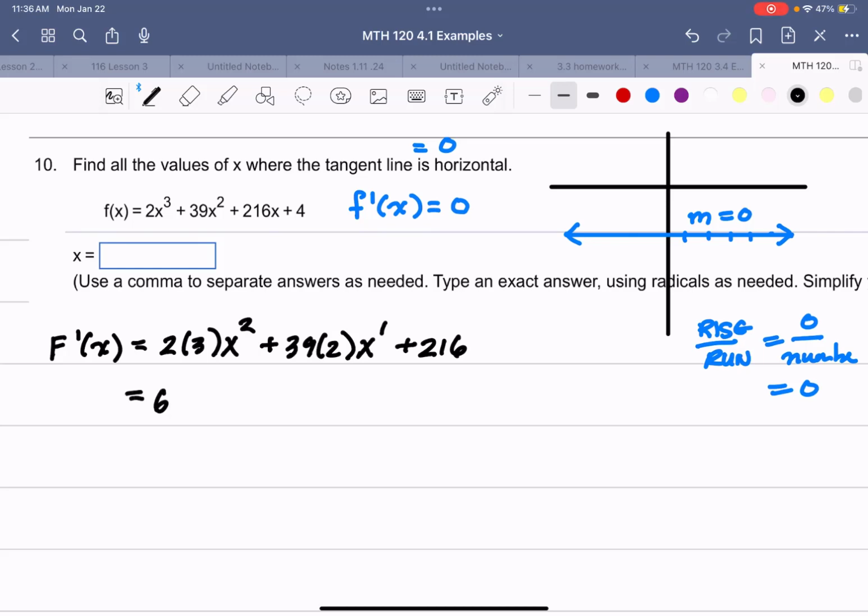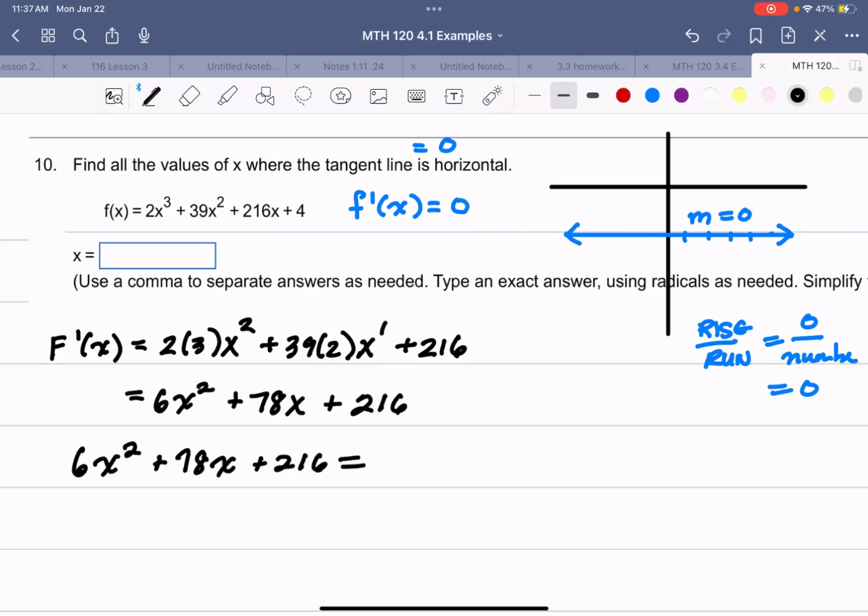So this is 6x squared plus 78x plus 216. Now, this is a trinomial, and to find where this is equal to 0, we're going to have to either factor it or use the quadratic formula.